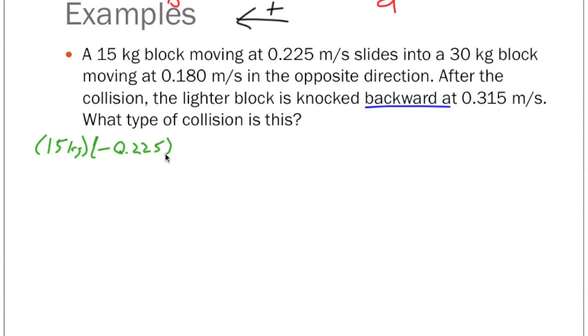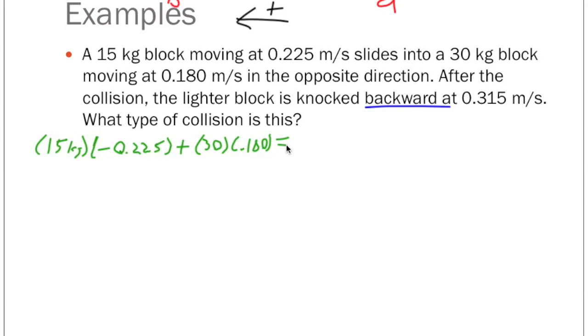It has to be negative because we said positive is to the left and it's moving to the right. Plus the momentum of the second block, which is its mass, 30, times its velocity, which is 0.180. And that should equal our momentum afterwards.